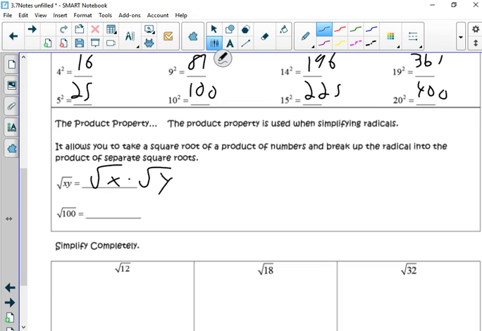So you could break this up into the square root of 25 times the square root of 4. Now, we already know the square root of 100 is 10. I know that. But you could write it like that and just see that it is broken up by multiplication.